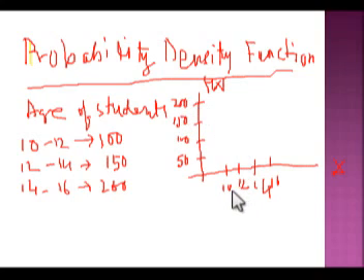Now, if I put these data, then for 10 to 12, it will be 100. So, there is a straight line from 10 to 12. This is 100. Then, for 12 to 14, there will be 150.